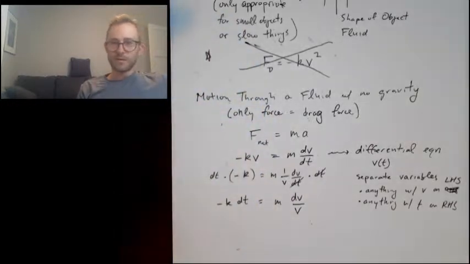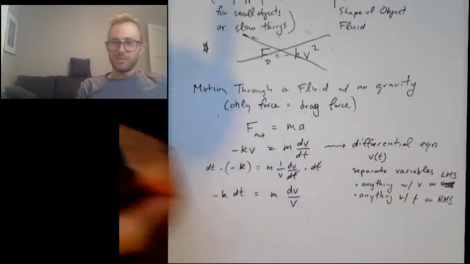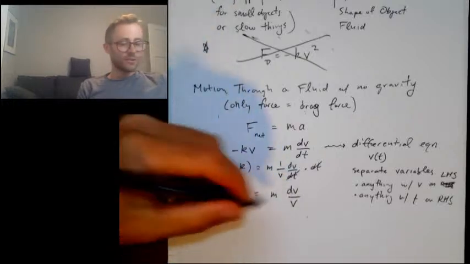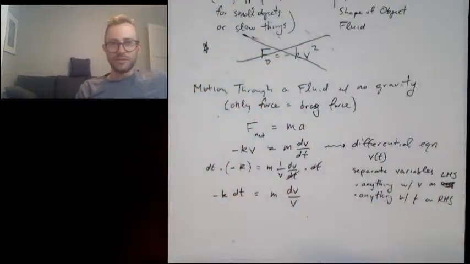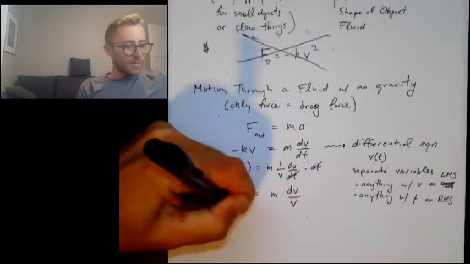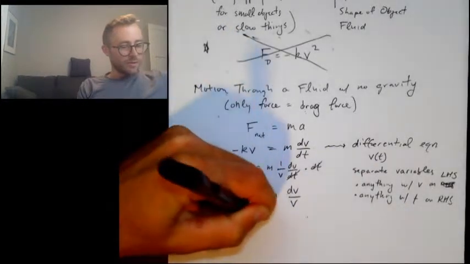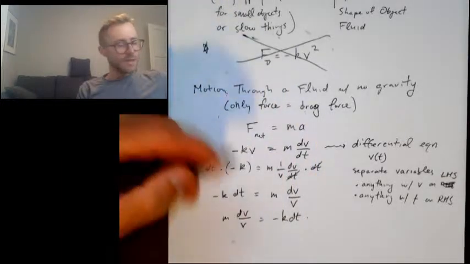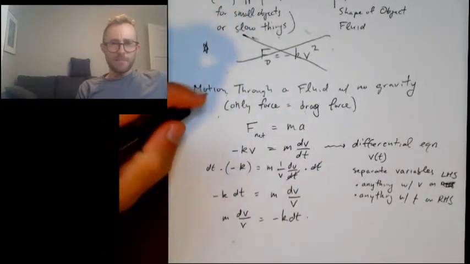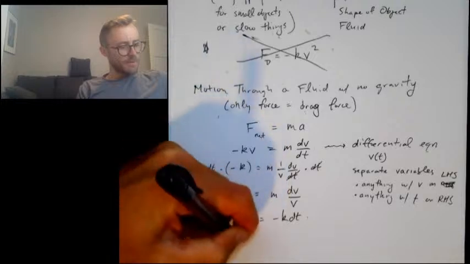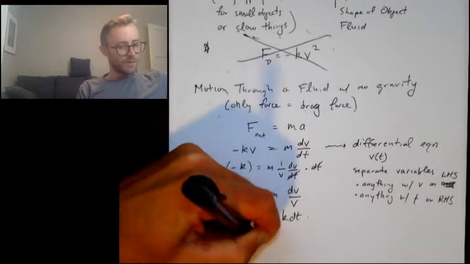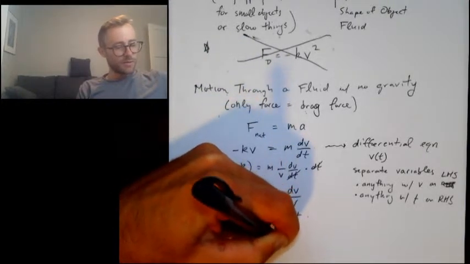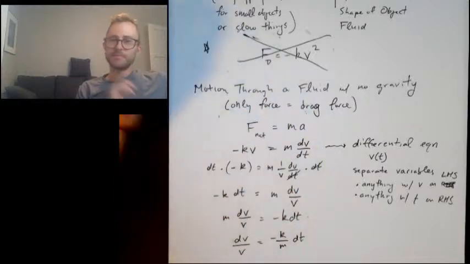All right. Now I said I'm going to put velocity on the left-hand side, so I'm just going to reverse the equation, right? If a equals b, then b equals a. So I have m dv over v equals minus k dt. I'm going to divide both sides by m. So I have dv over v equals minus k over m dt.